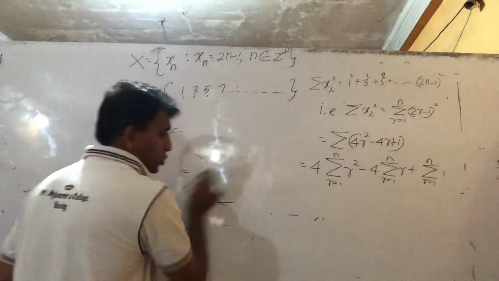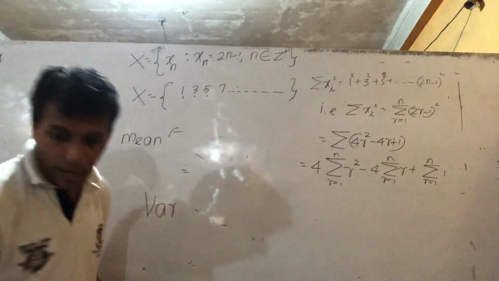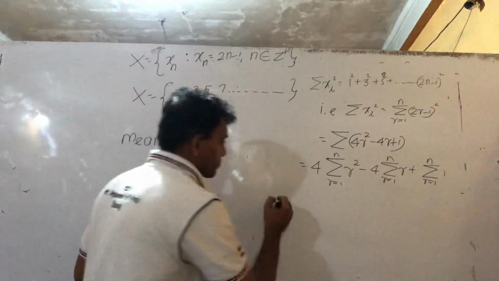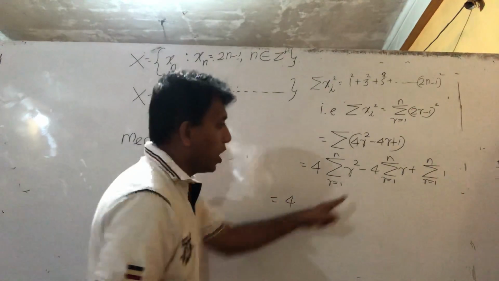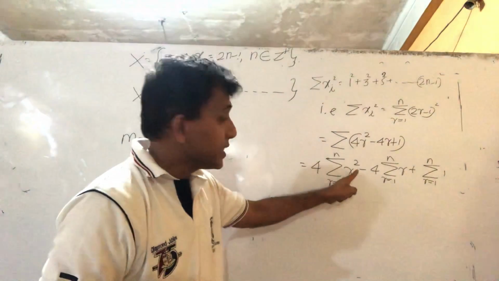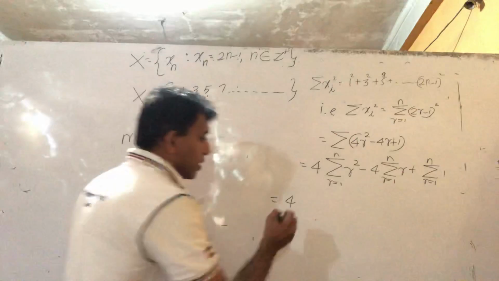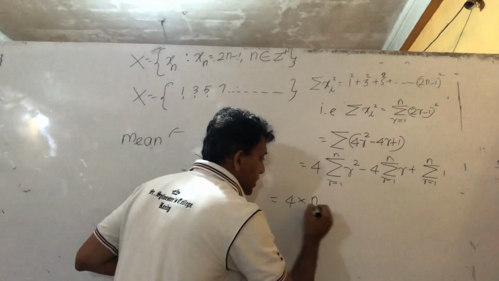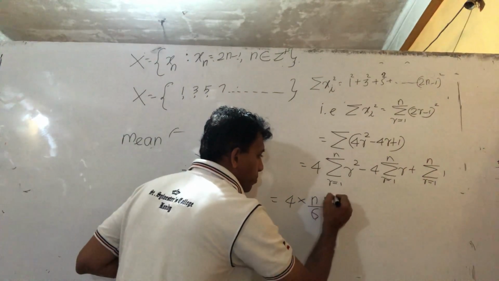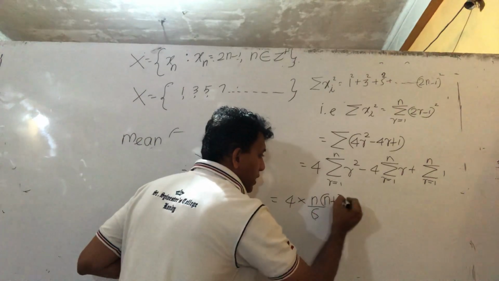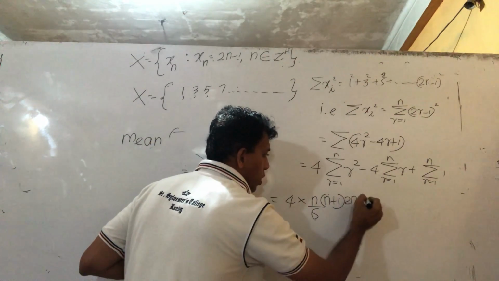We completed that here also. Now we have to apply these formulas. 4 into the sum of the first n square integers, but the answer is n by 6, n plus 1 into 2n plus 1.